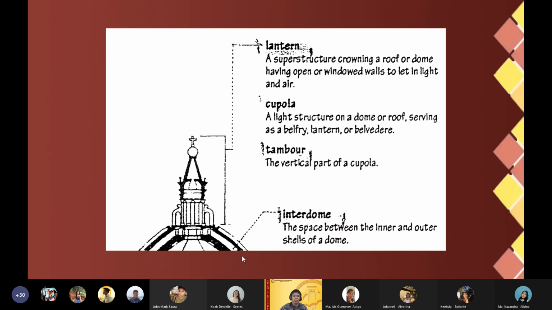Check that for yourselves. The Visual Dictionary of Architecture is not arranged by letters like a dictionary, where letter A has all its terms, then letter B. It's not arranged like that. It's arranged by section. For example, the topic about church: all of the terms about church are within that section.